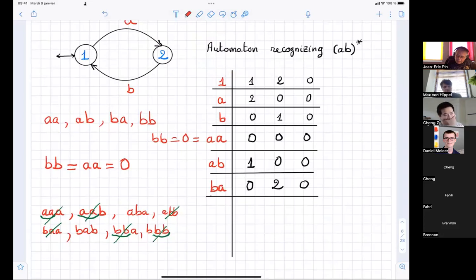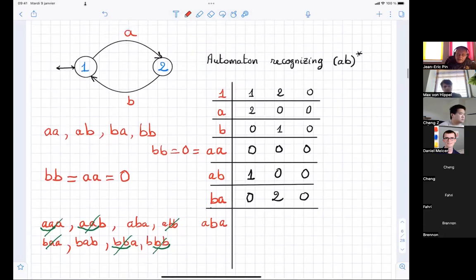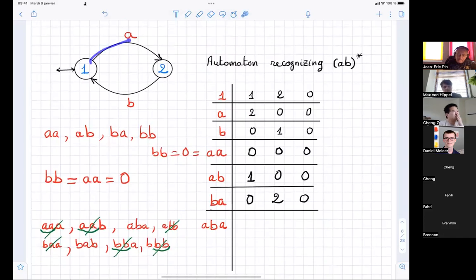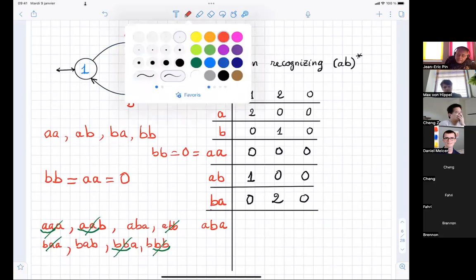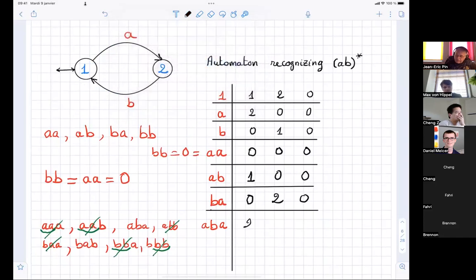To compute ABA, you start from 1 and you read the A, you arrive in 2, right? From 1 you go to 2. And if you start from 2, you can read anything, so it's 0.